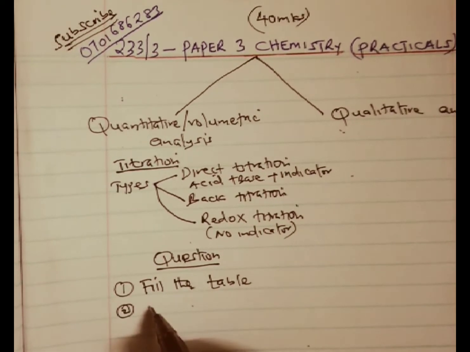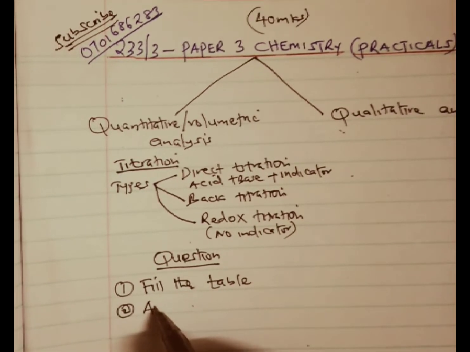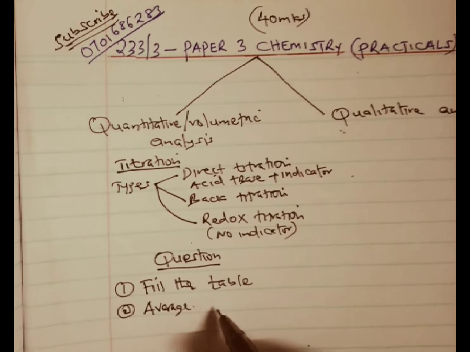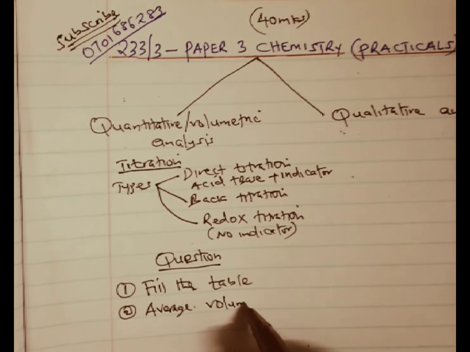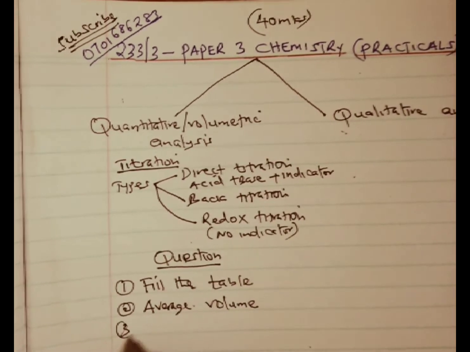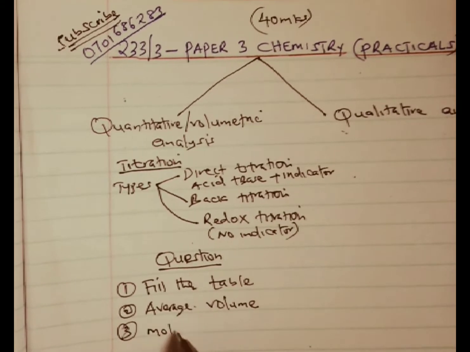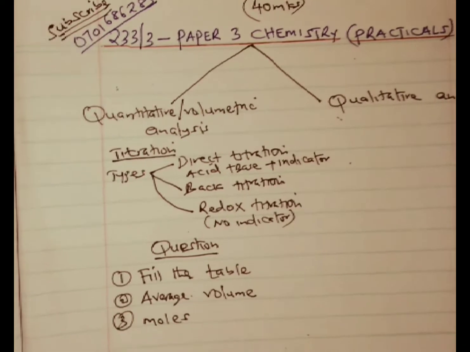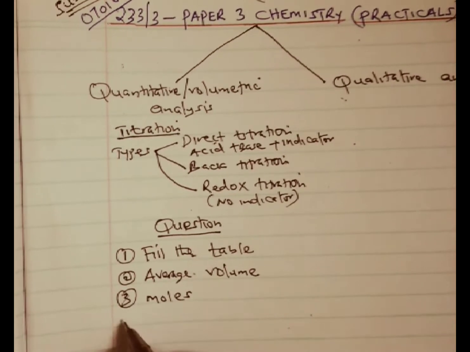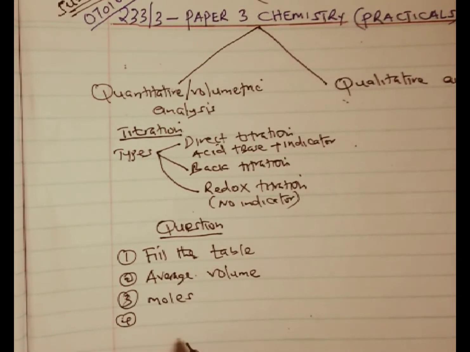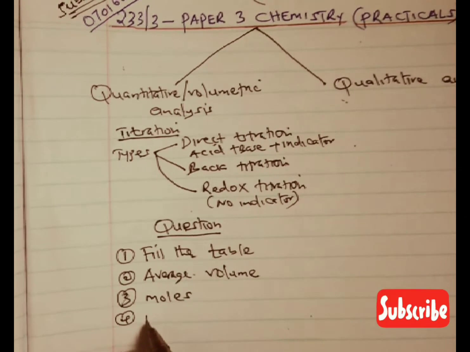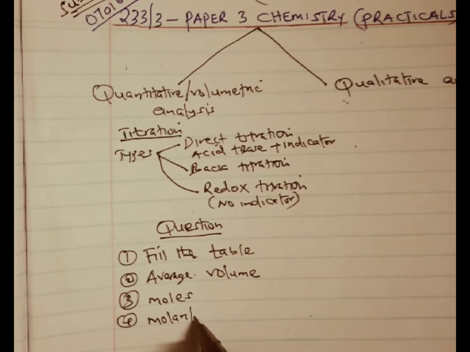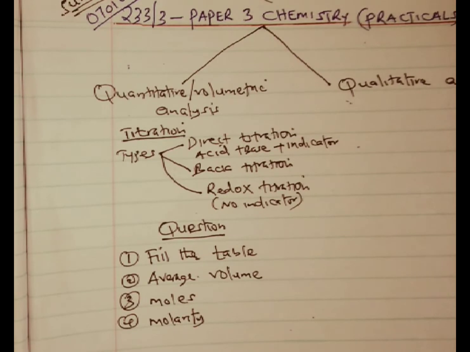Number two, you'll be required to calculate the average volume. Three, you'll be required to tackle a question on moles. 4, you'll also be required to calculate the molarity of a solution.